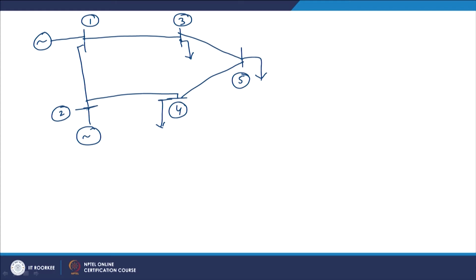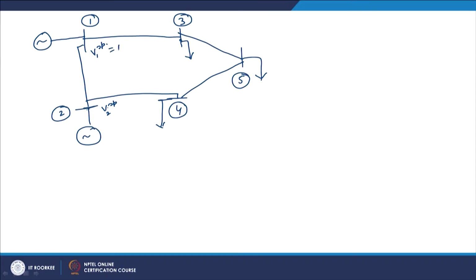At the generator buses I have V1 specified and V2 specified. When I say that for this generator I have V1 specified and for this generator V2 specified, what does it mean? It means that there are excitation systems for these generators which will try to maintain the voltage at each bus at its specified value.